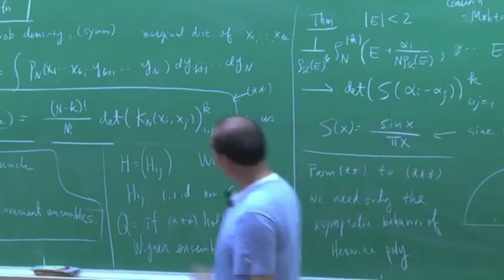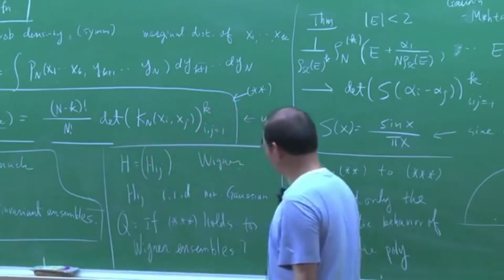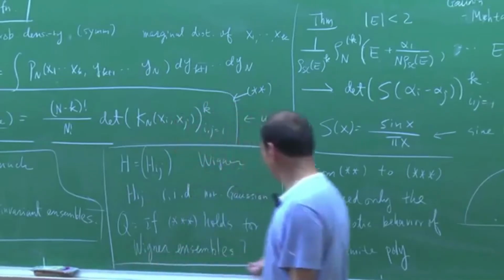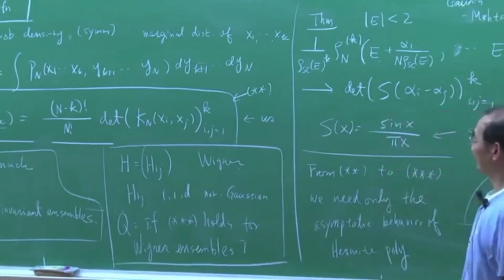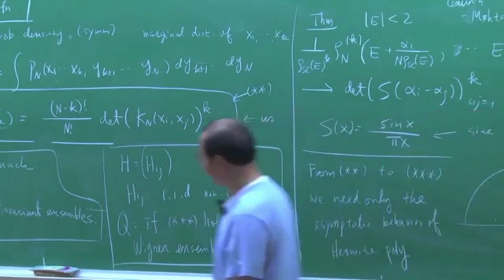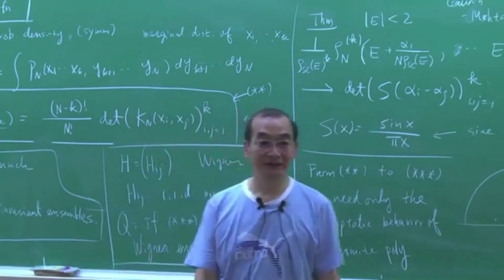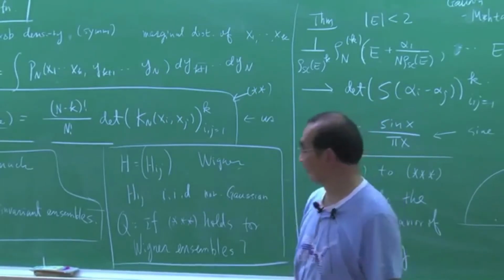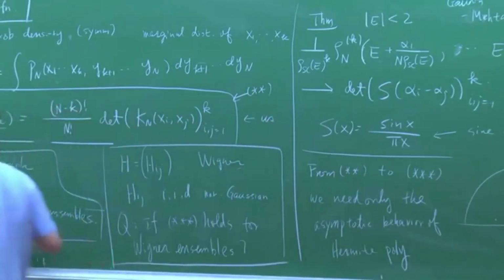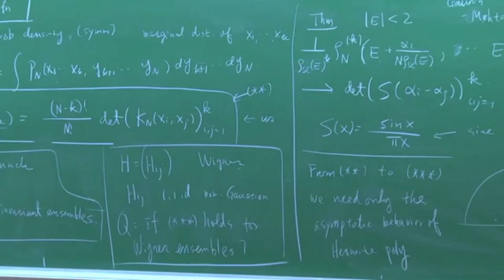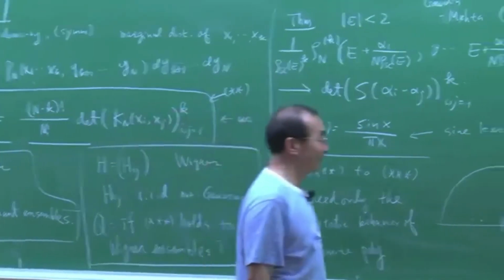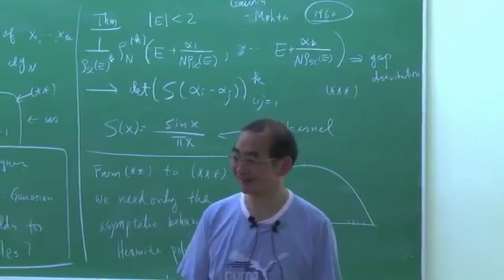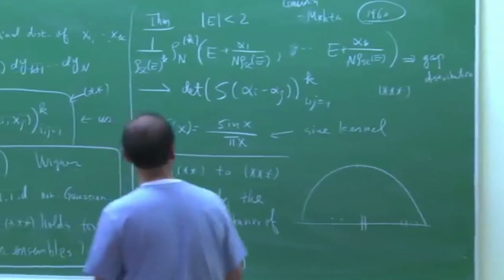Now, why are you interested in this question? The reason is non-Gaussian. It's not exponential decay. Non-Gaussian means it's not Gaussian. Gaussian is exponential decay.